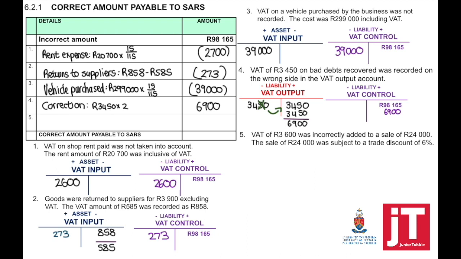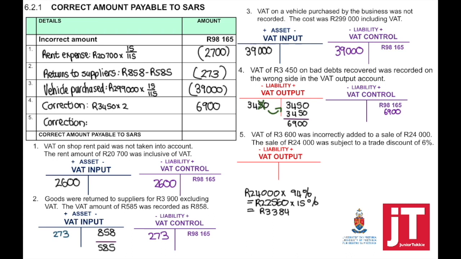But that 24,000 was subject to a trade discount of 6%, which means that we have actually overstated this. So what needs to happen here now? There are different ways in which you can approach this. If you take 24,000 and you times it by 94%, it means that the VAT payable to SARS should have been 3,384.